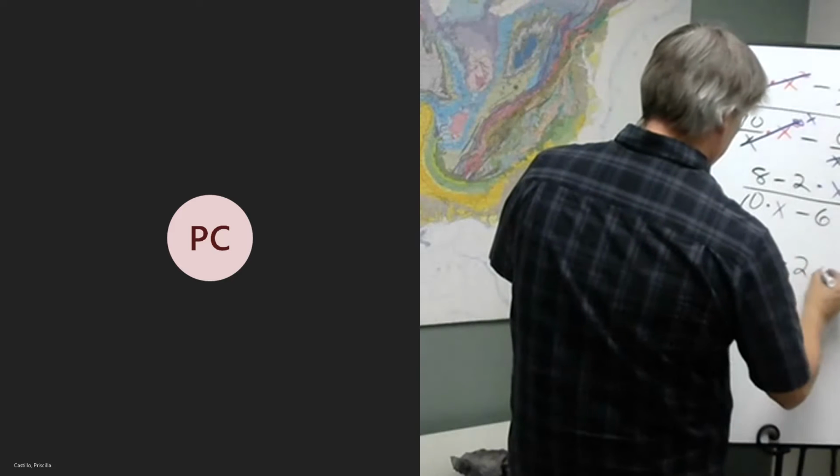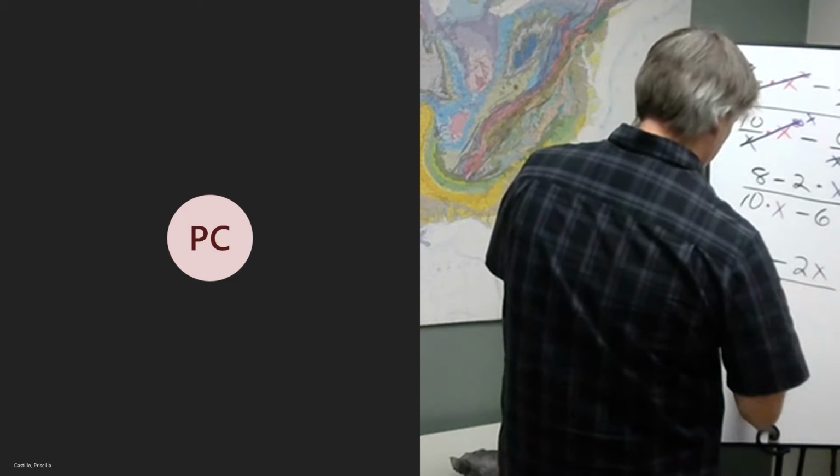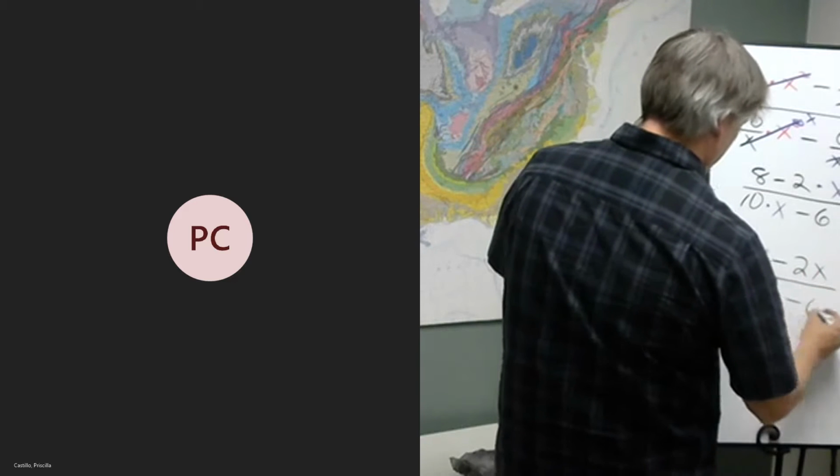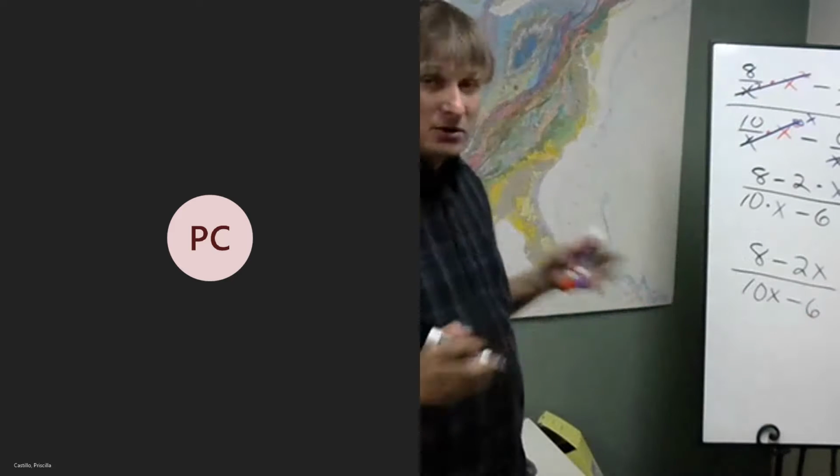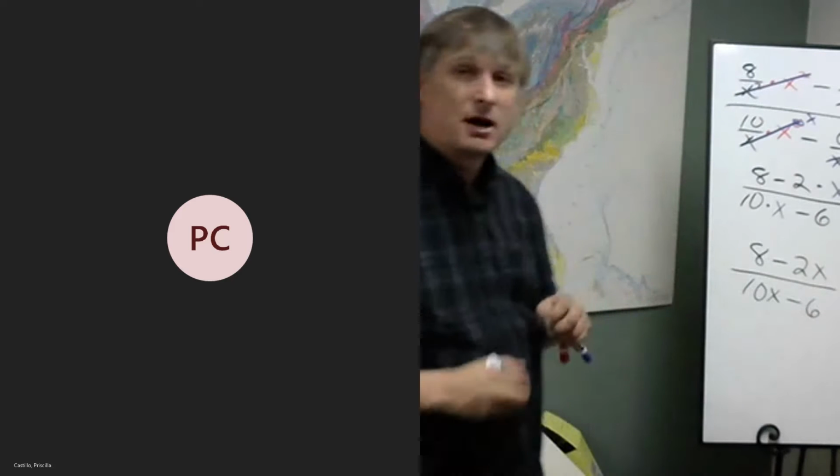8 minus 2x over 10x minus 6. Now we're not done. We can factor a 2 from the top and bottom.